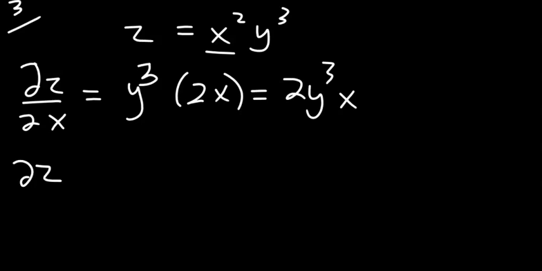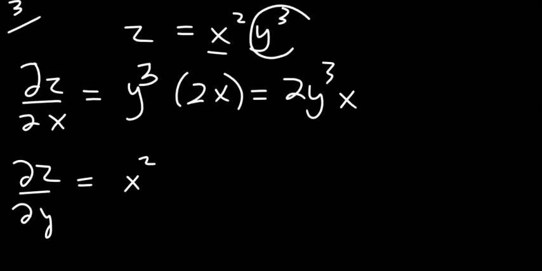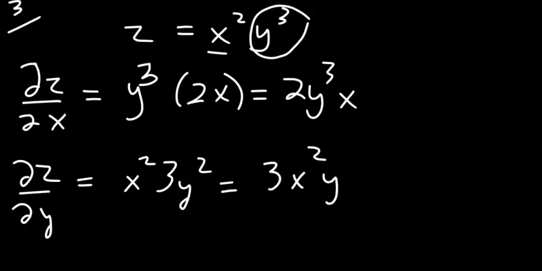Now what about the partial derivative of z with respect to y? Now the x term is constant, so that will just follow, x squared. When you differentiate y cubed with respect to y, you get 3y squared. So your answer is 3x squared y squared. And that solves the problem.